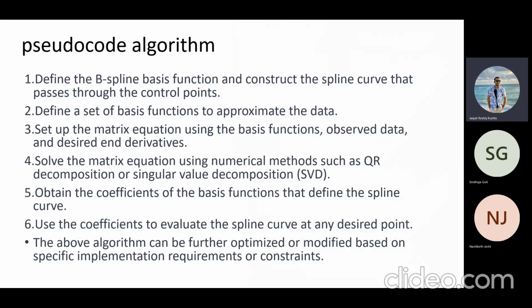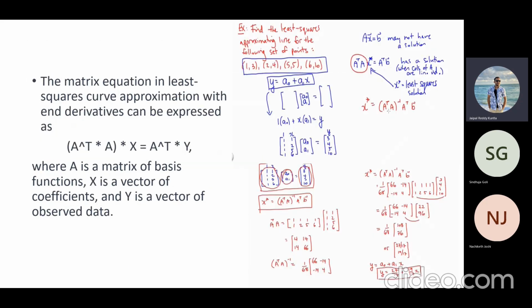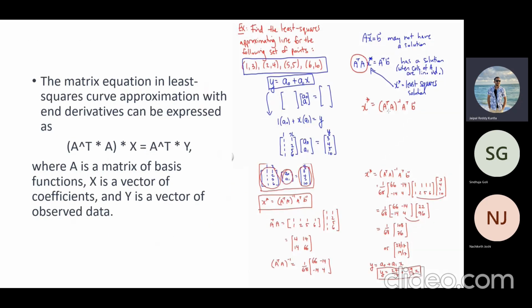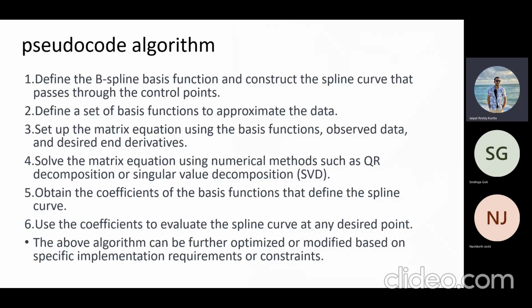So, the pseudo algorithm: what are the steps we use to simplify and solve the equation? Define the B-spline basis functions and construct the spline curve that passes through the control points. Initially, just construct a spline curve which passes only through the control points, considering how many control points there may be.